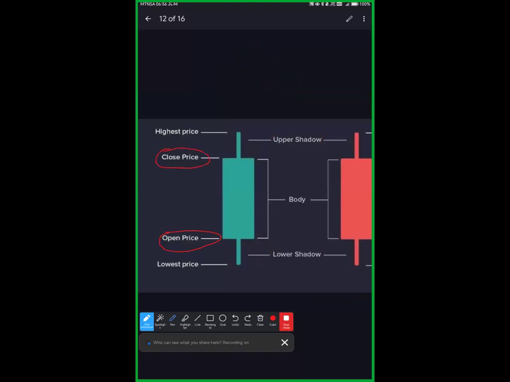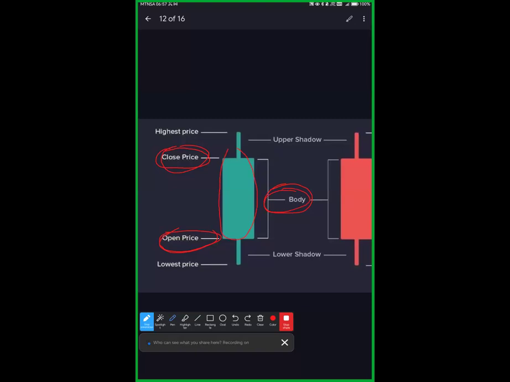In the process of opening and closing of the price, you are going to see the body being created. But mind you, it's not all the time that you are going to see a candle with a body. Sometimes you're not going to find the body. I'm going to explain why.